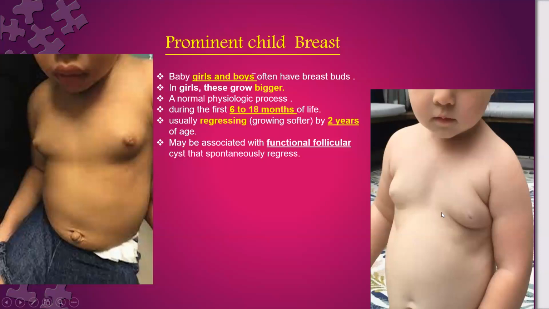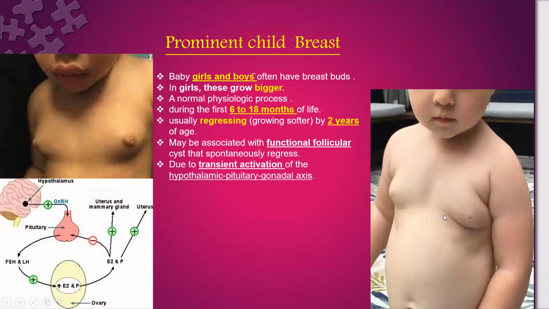As you know, sometimes a child presenting with an ovarian cyst is found to have a follicular cyst, and these are due to transient activation of the hypothalamic pituitary gonadal axis. And this transient activation will quiesce by the age of 3 to 5 years.